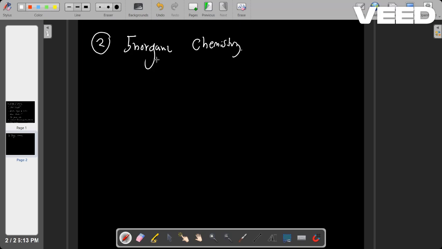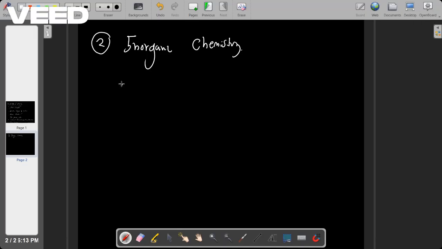Inorganic means chemistry about everything in the periodic table except carbon. So you must be wondering, what about carbon then? Carbon we are learning under a special topic. Carbon is the most important element in the periodic table. So for that we have a special branch. Organic chemistry is for that.